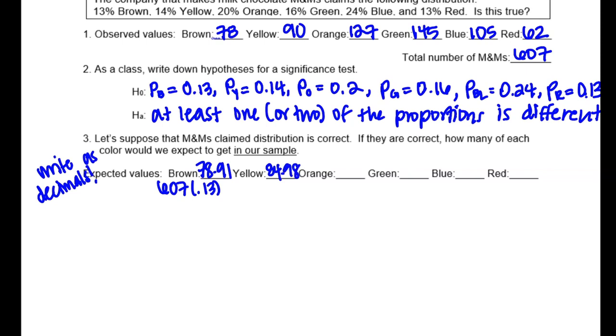Orange: 97.12. Oh, wow, why can't I do orange right? Orange is 0.2, so 121.4 is what I meant. Green, 97.12.